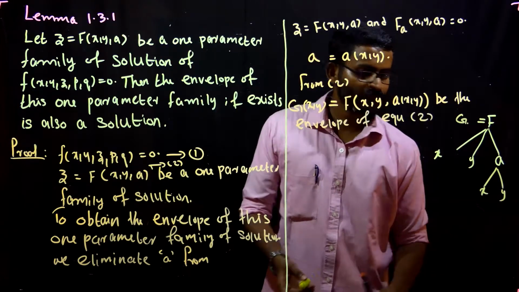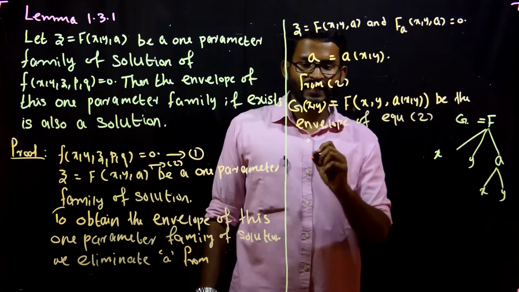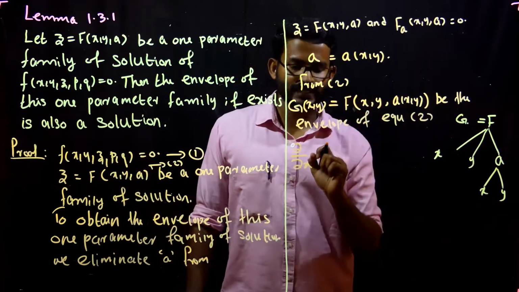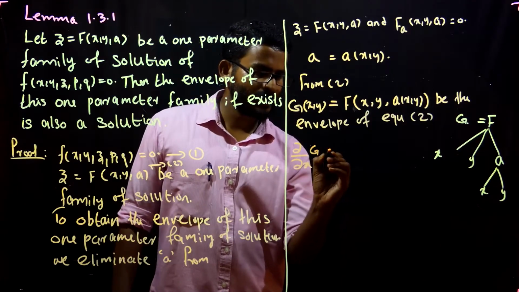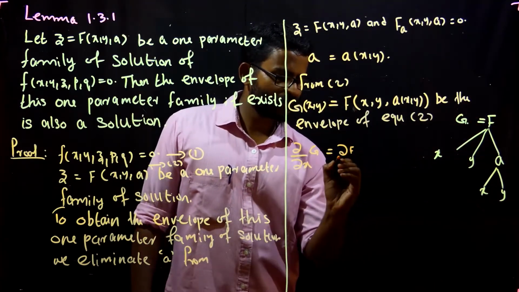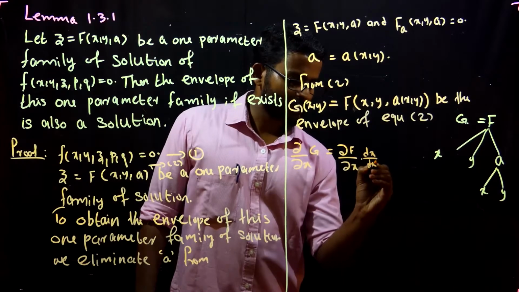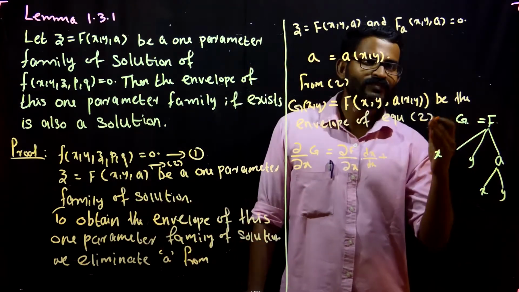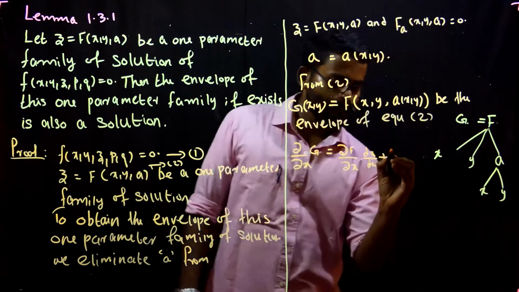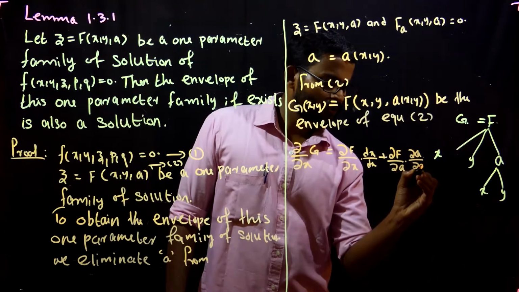Now differentiate f with respect to x. That is, dou by dou x of g equals, by chain rule, dou f by dou x into dx by dx plus, since we consider the partial derivative with respect to x, dou f by dou a into dou a by dou x.